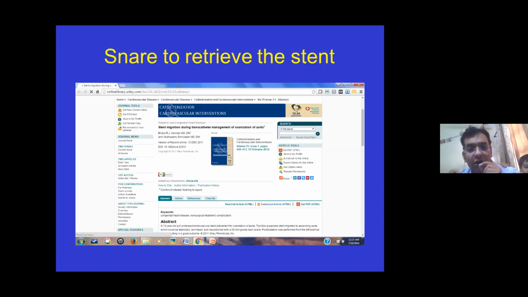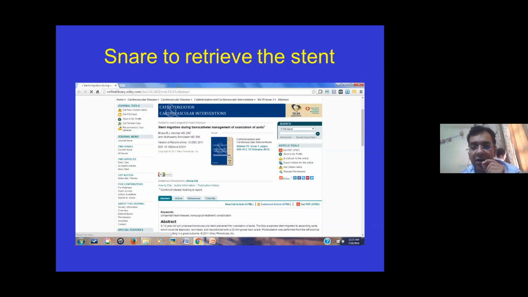So the precaution when you are using a bioptome for deploying a stent is that you take the sheath as distal as possible so that your bioptome does not really hug the wall, so that it stays away from the wall which is raw. So we ensured that the sheath was very distal so that our bioptome can easily get manipulated.